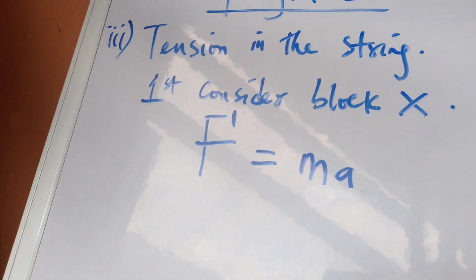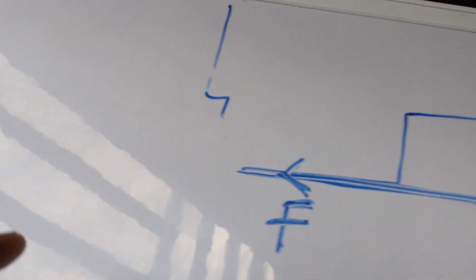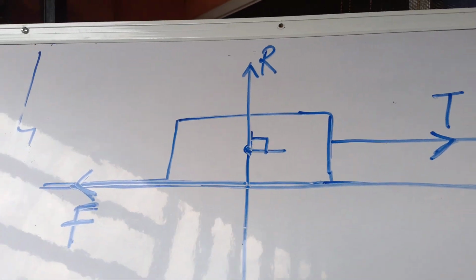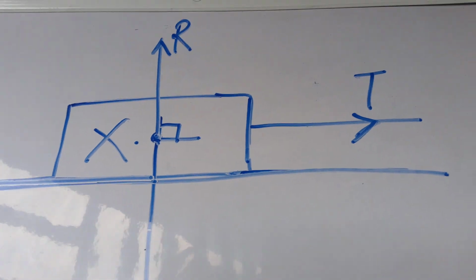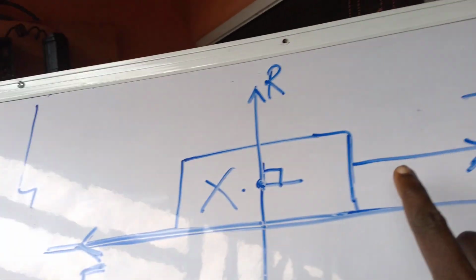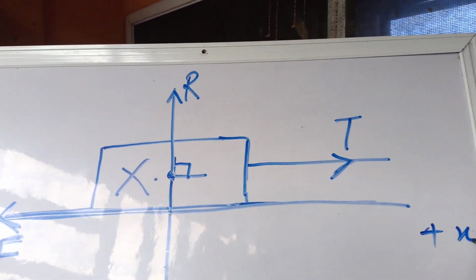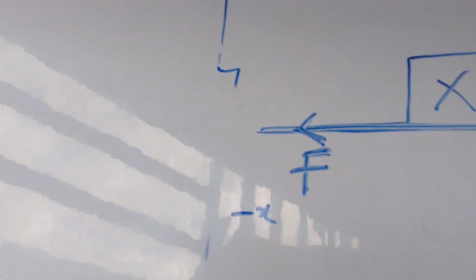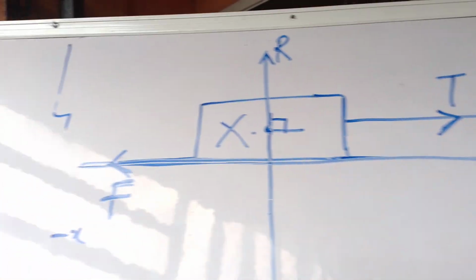Alright. So we look at the forces. These are the forces acting. First, come back again to this block X. The force going this way is positive X, and this going like this will be negative X. So the tension force will be positive and the frictional force will be negative.